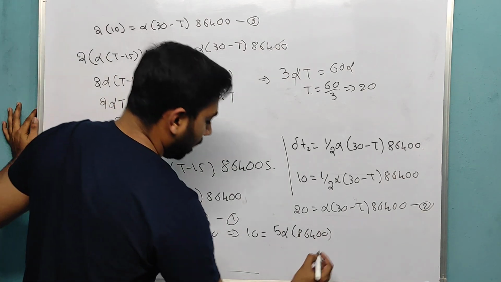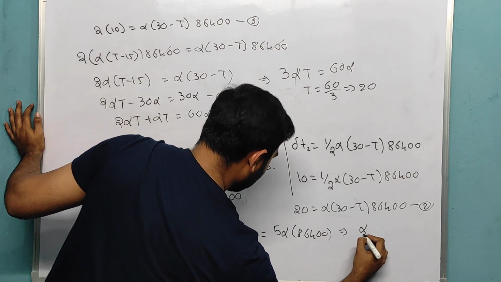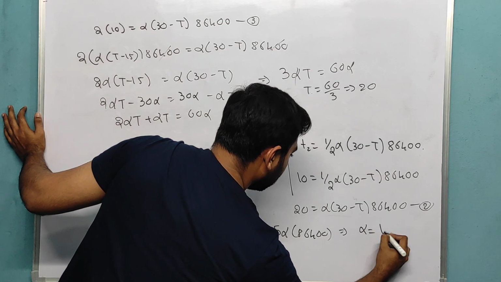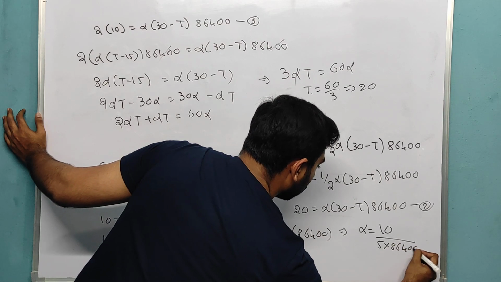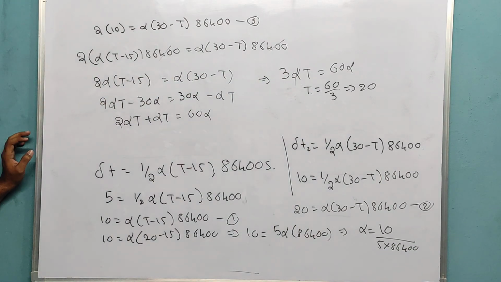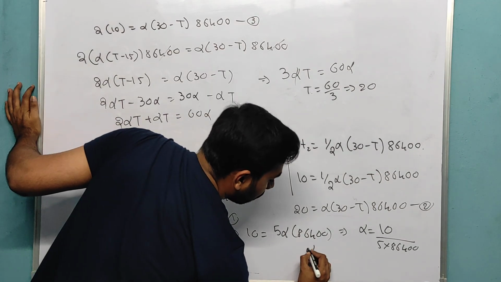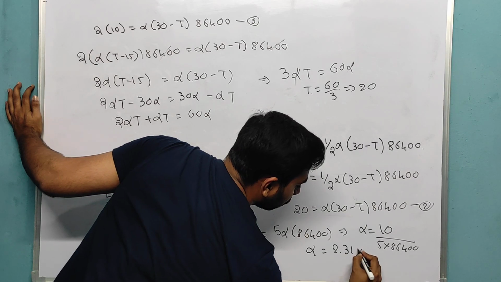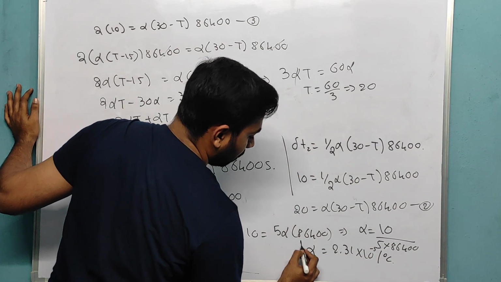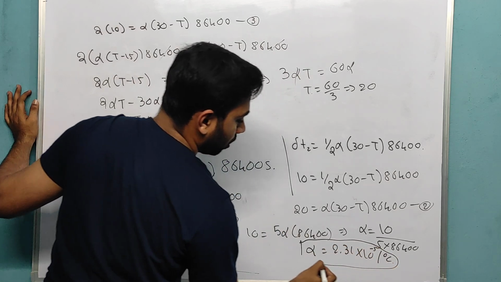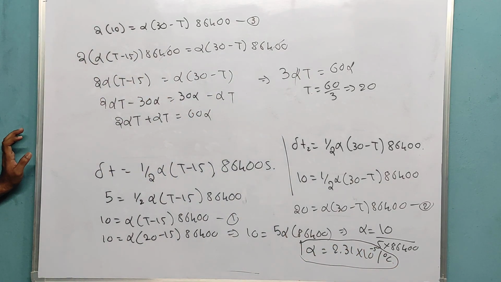Now if I want α, I can easily solve it. α is equal to 10 divided by (5 into 86400). So if you do the overall calculation, you will get the α value as 2.31 into 10 to the power of minus 5 per degree Celsius. Write the overall α value this much. Okay, fine, perfect sum.